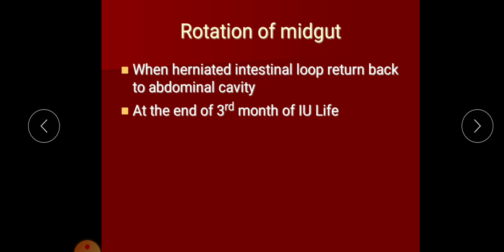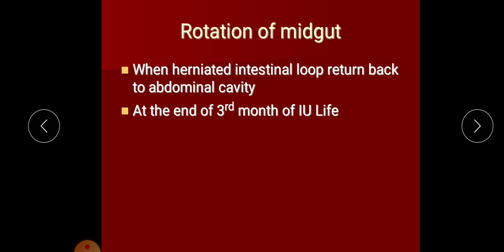So by approximately the 3rd month or 10th week of intrauterine life, you find the herniated intestinal loop returning back to the abdomen. When this returning is happening, a rotation of the midgut loop is also happening. Why is there a rotation?